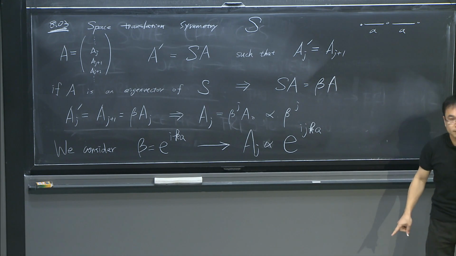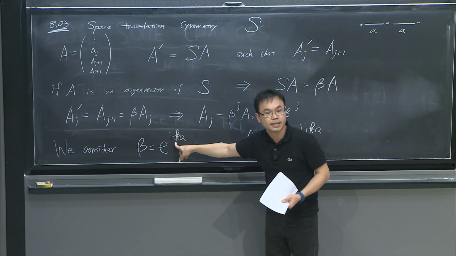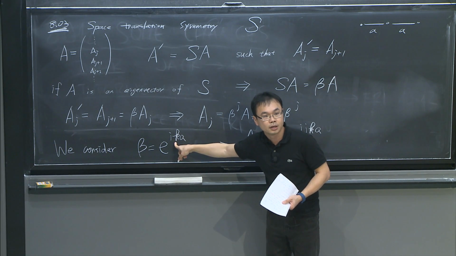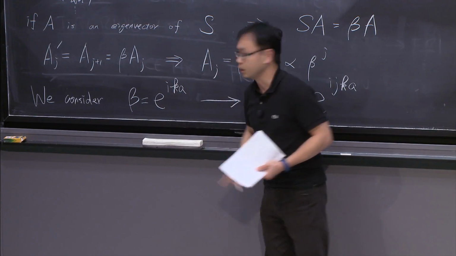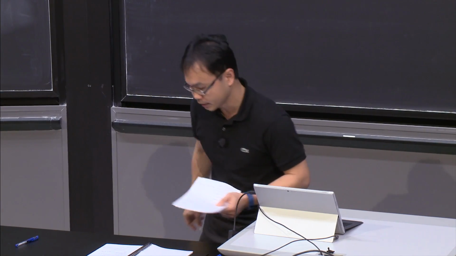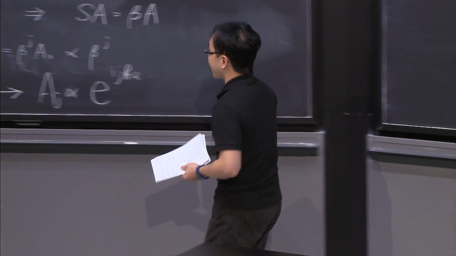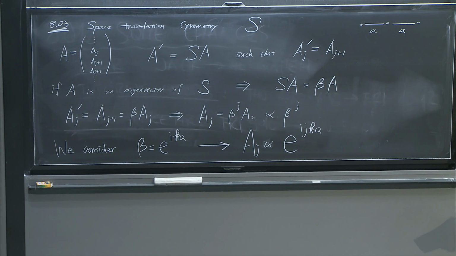Then something interesting happened because K suddenly also will have a meaning. It's the wave number of the resulting sine wave. Okay, so that's why we factor out this a factor.